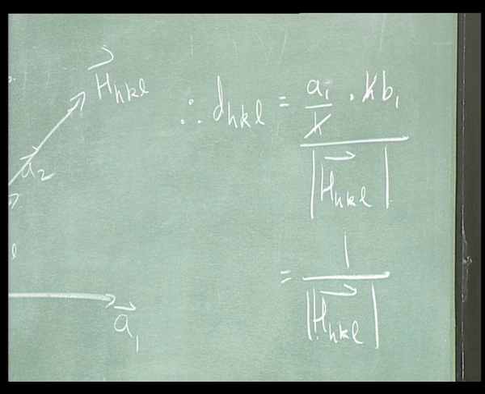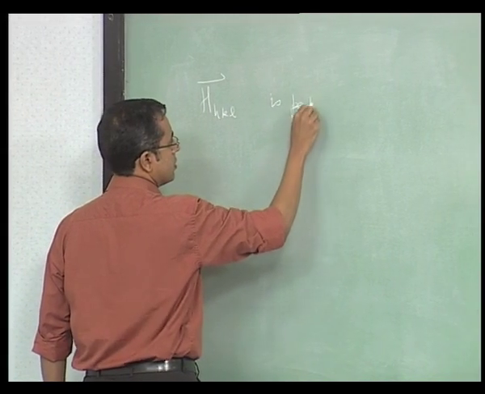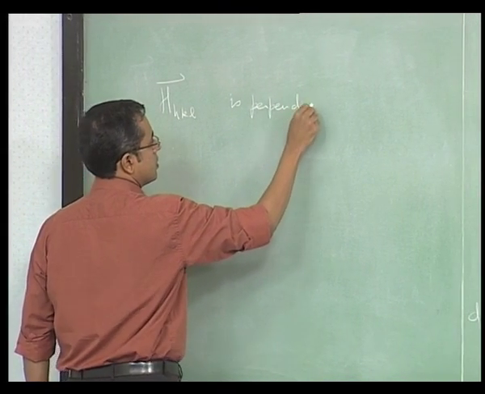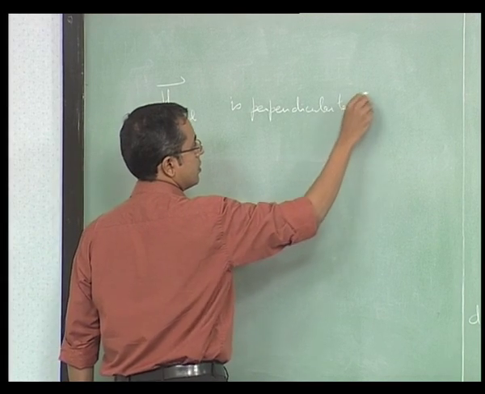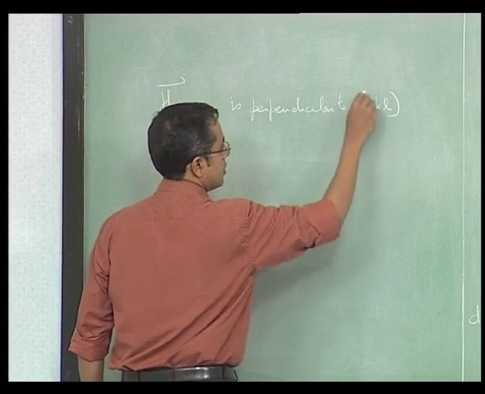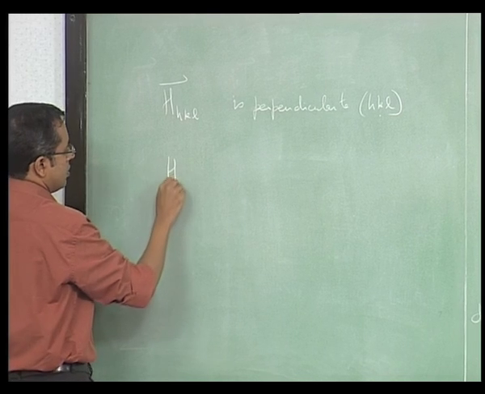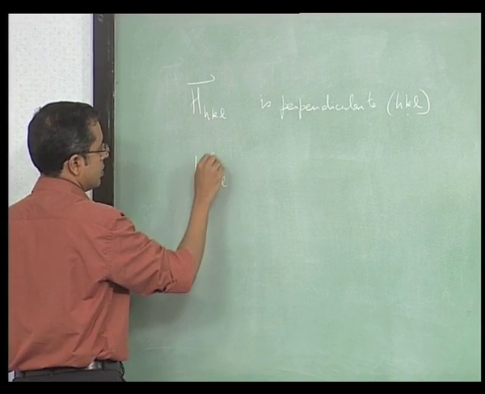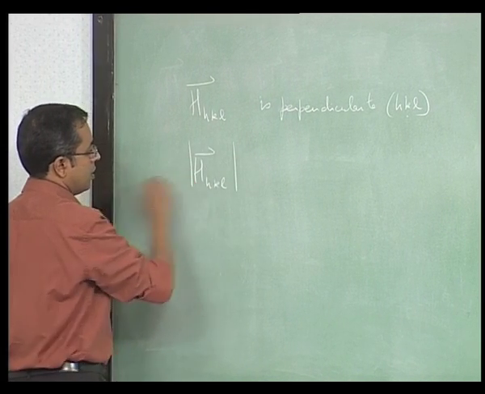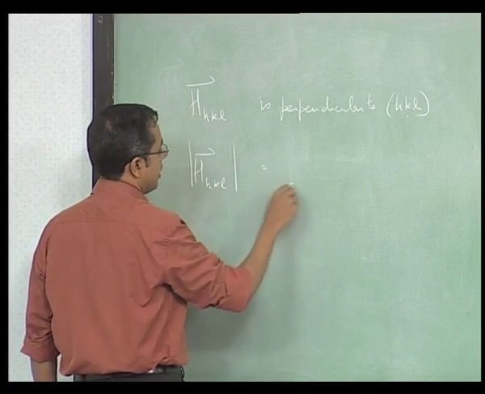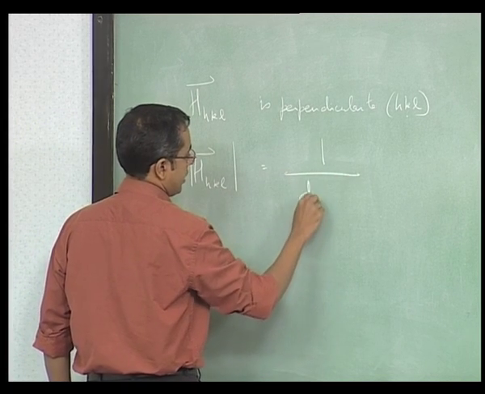So we see that HHKL is perpendicular to the plane HKL, and the modulus of HHKL is equal to 1 by DHKL.